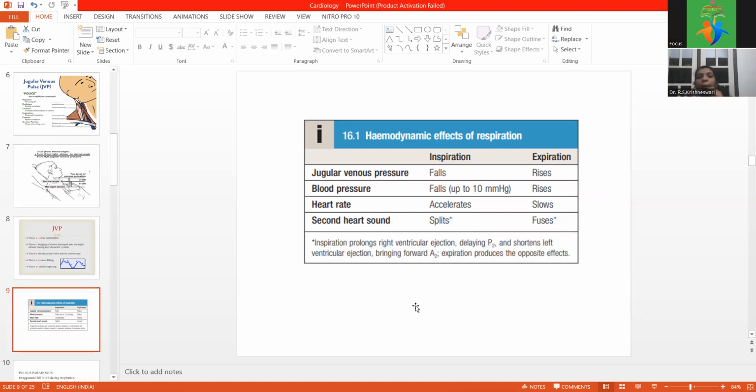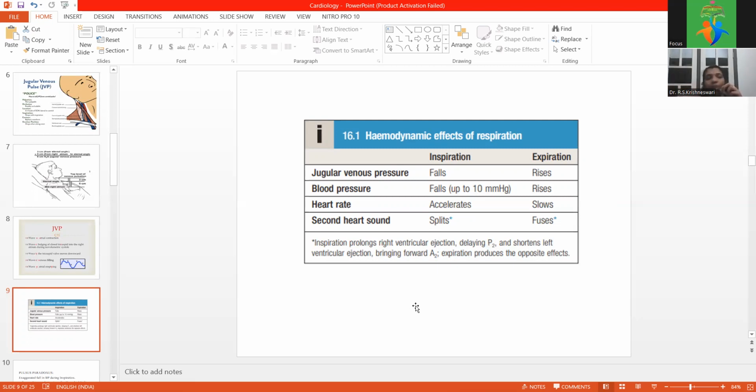This is very, very important as far as our MCQ is concerned. So, hemodynamic effects of respiration. What happens in a normal person when he respires? Jugular venous pressure falls during inspiration. What happens during inspiration? Just imagine, we are going to inspire, is it not? The thorax gives maximum space for the maximum air to enter from the surrounding to the lungs.